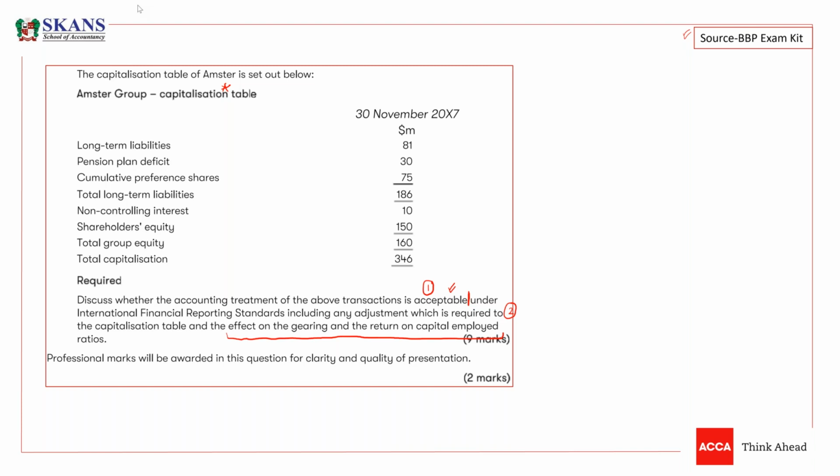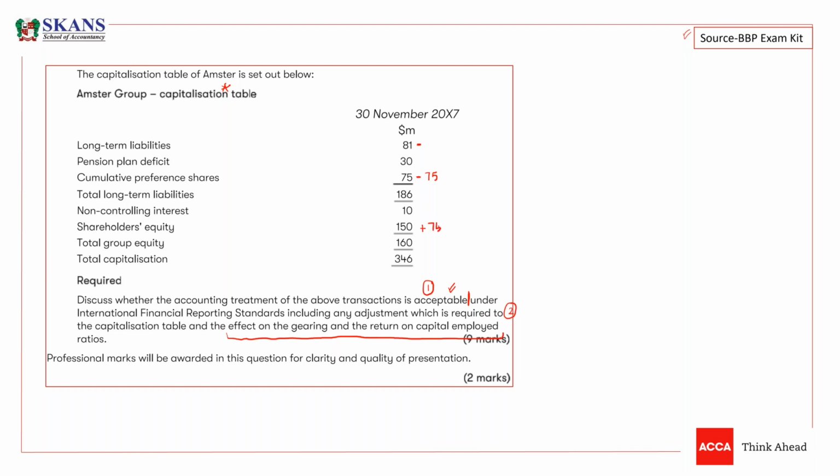So let's see, guys. I'm going to deduct this from long-term liabilities. Okay, here is the cumulative liability. So we need to deduct this from preference shares liability, and we need to add it to equity. We have shareholders' equity, so this will increase.